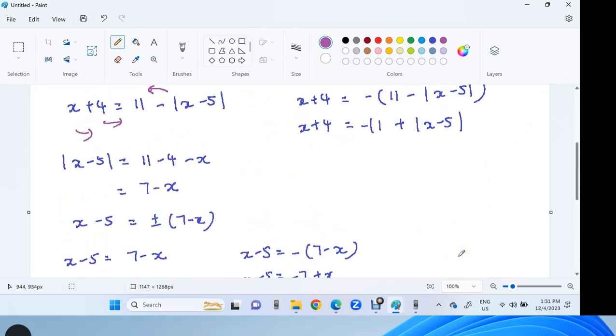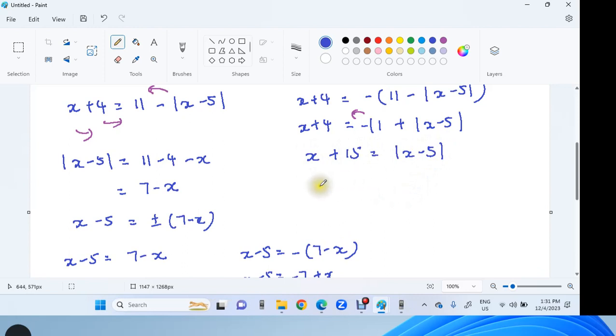So we go to the second part here. So this one, I move this negative 11 here, it will become x plus 11 equal to modulus x minus 5. So I can have x minus 5 equal to plus minus x plus 15.